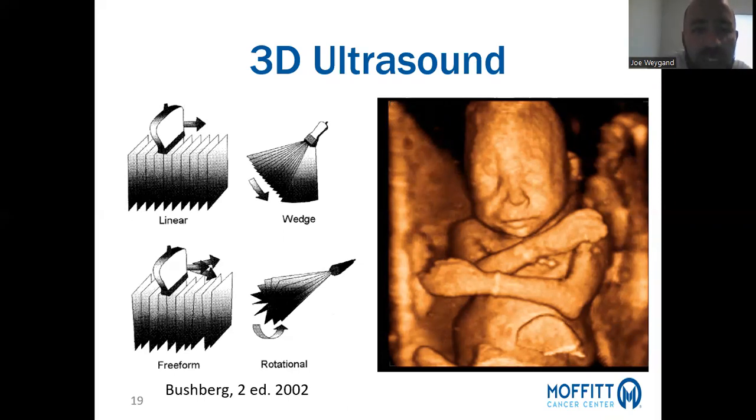There are many different methods by which one can sweep. This is shown here on the figure on the left, taken from Bushberg. Also, you can have a transducer that is fully three-dimensional and produces a three-dimensional image in a direct manner too.